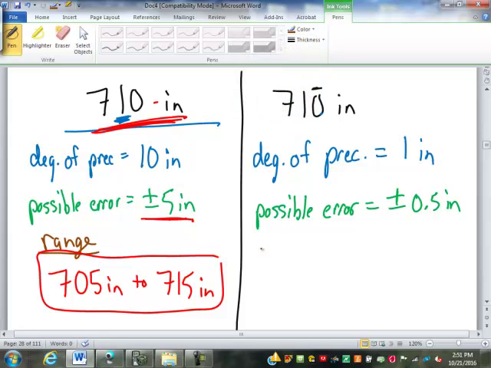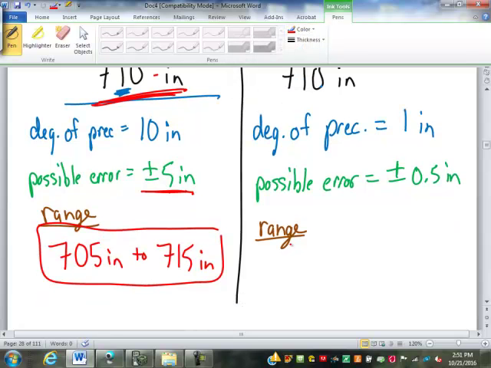which is implying a range. I'm going to write this one out for us. Of our measurement of 710 minus our error of 0.5 inches. 710 minus 0.5 is 709.5.